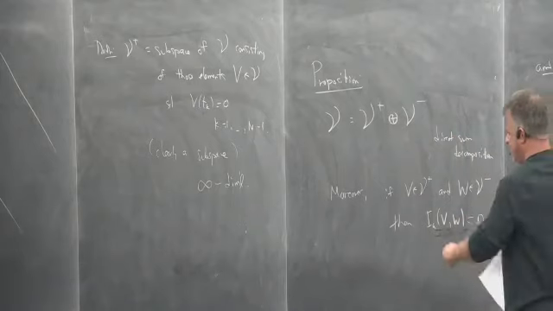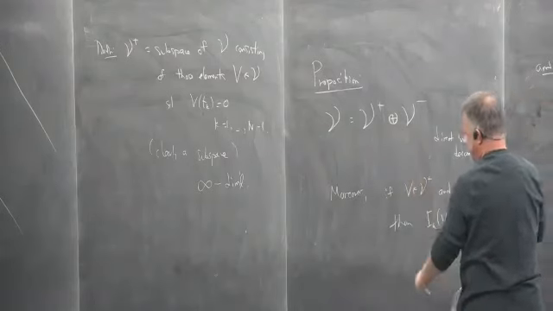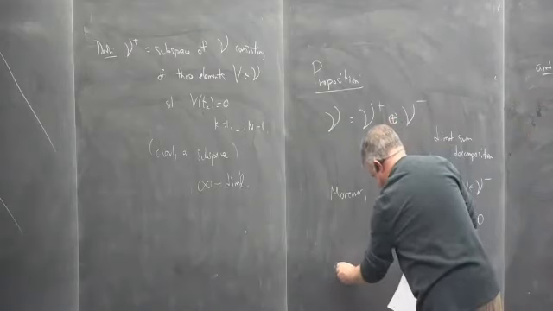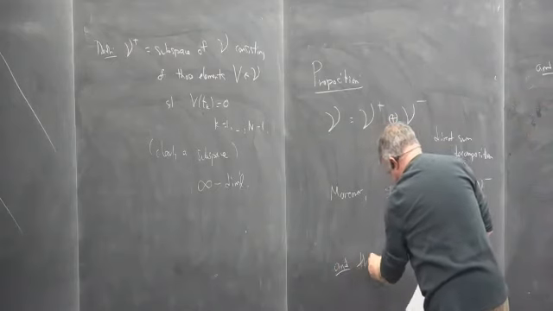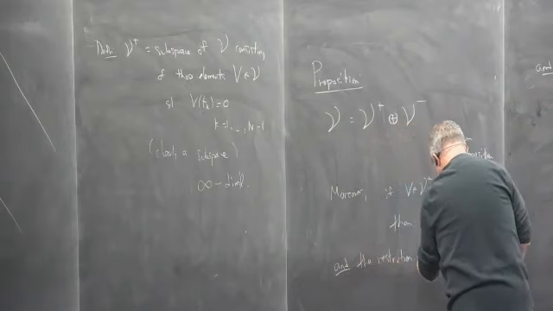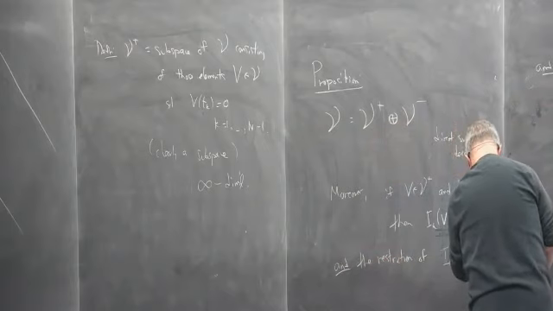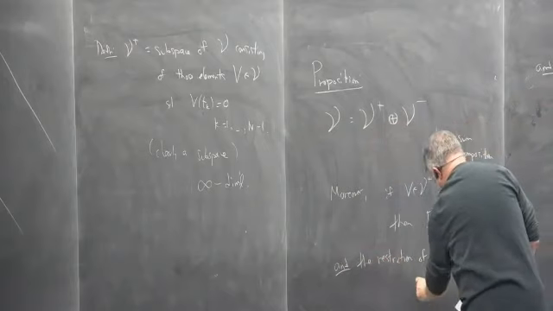It'll be degenerate. So if you take something in V plus and something in V minus and you plug them both into IA, you get 0. And finally, the restriction of IA to V plus is positive definite.